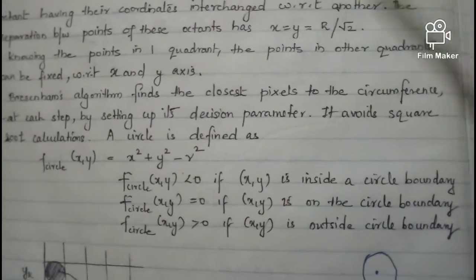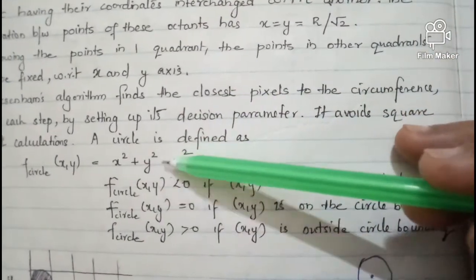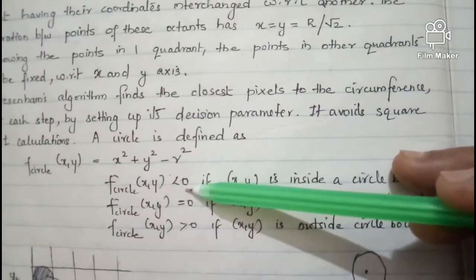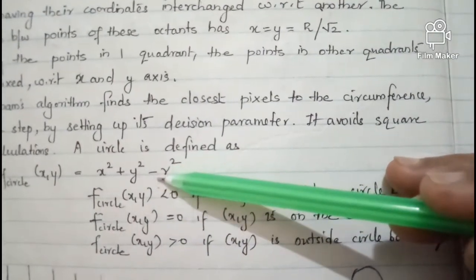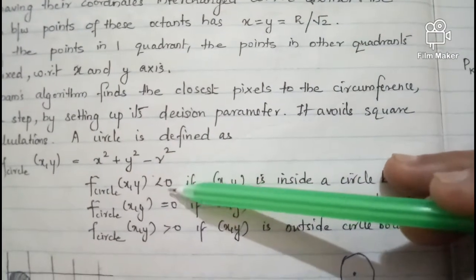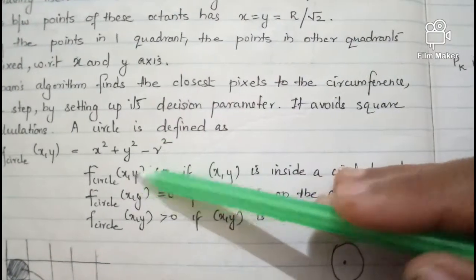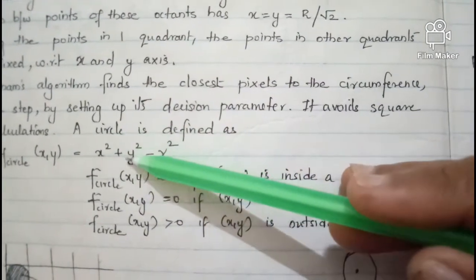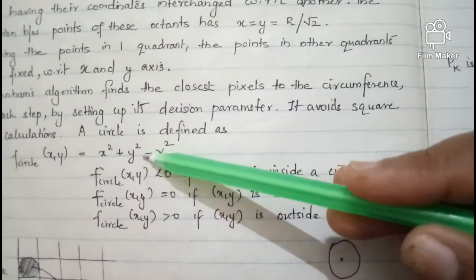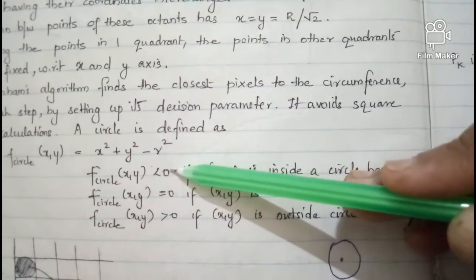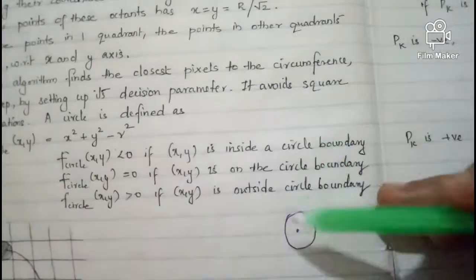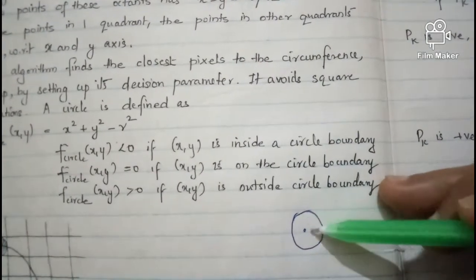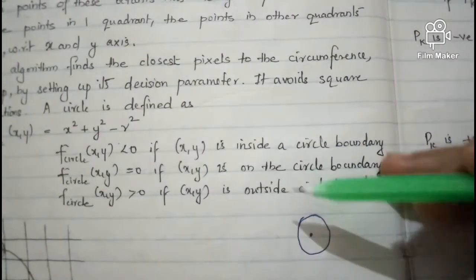Now if the value of the circle function is less than 0, then when you substitute the values of x and y into this equation, the point x, y lies inside the circle.